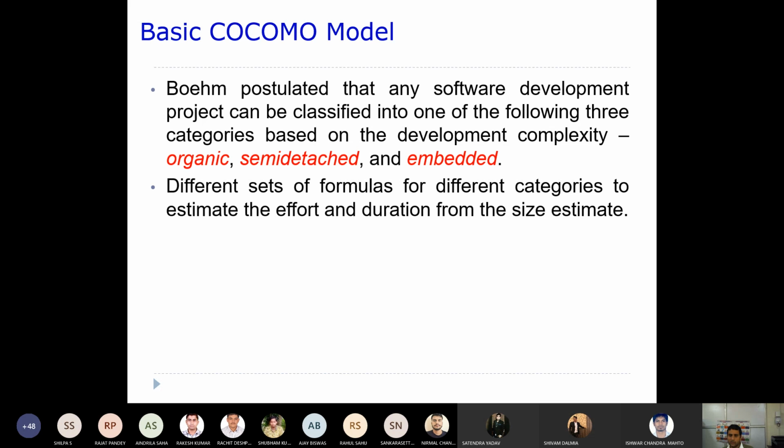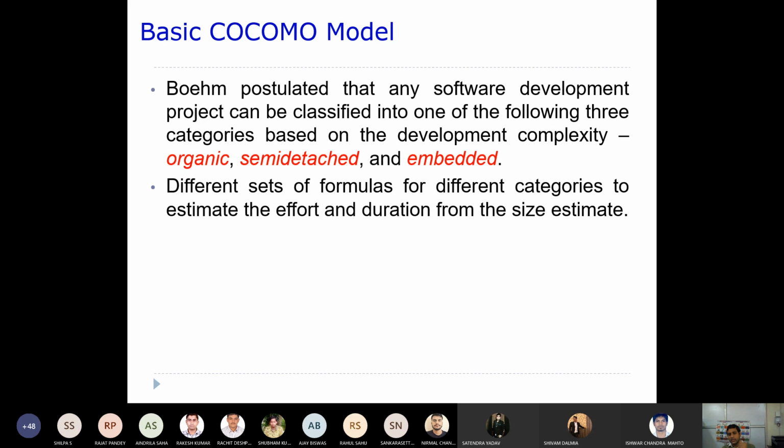We'll discuss what is organic, what is semi-detached, and what is embedded in the next slides. But for now you can understand that Boehm categorized all software projects into these three. It can be organic, semi-detached, or embedded.